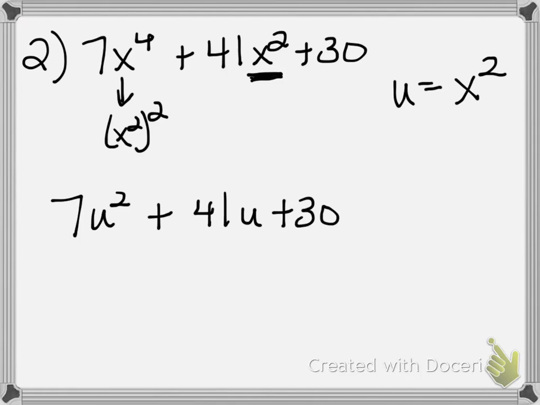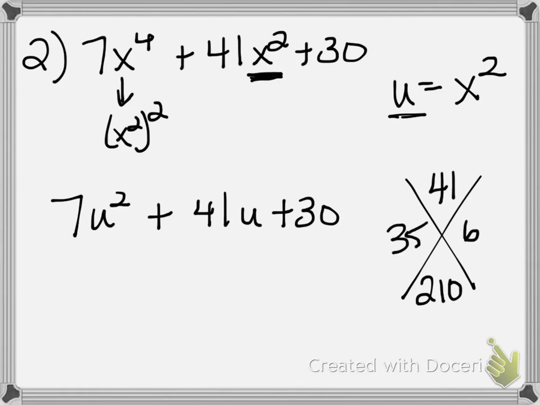So I did that substitution. Anywhere I saw an x squared, I substituted it with u. Now I'm going to do my x factors. I have 41, and 7 times 30 is 210. So I have to come up with two numbers that multiply to be 210 and add to give you 41. This might take a couple minutes, and that's okay. You get 35 and 6.